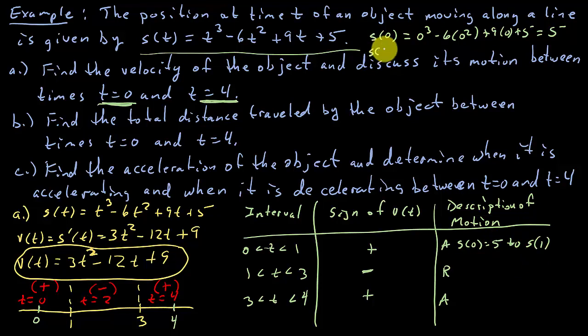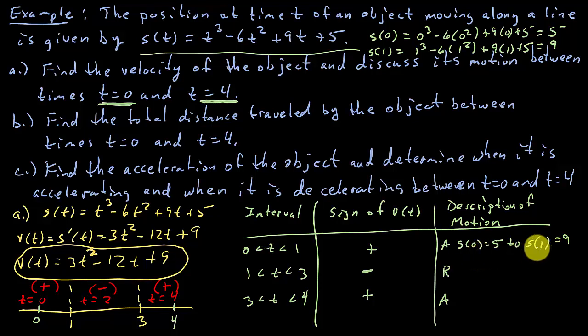For s of 1, I put 1 cubed minus 6 times 1 squared plus 9 times 1 plus 5, and that equals 9 if you put it in your calculator. So it's advancing from 5 to 9, the position.